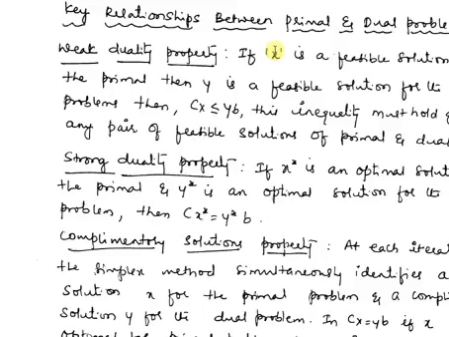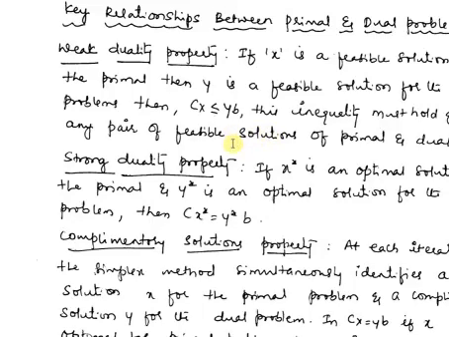Then the equation becomes Cx less than or equal to Yb. You will understand it slowly when we solve a problem. But here, this inequality must hold for any pair of feasible solutions of the primal and dual problem. That is called the weak duality property.